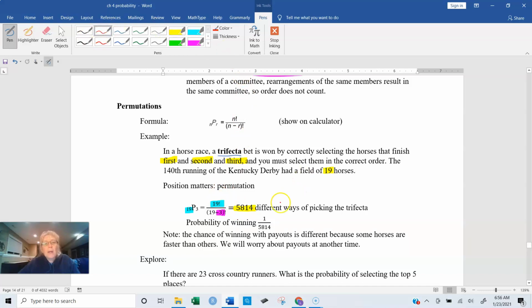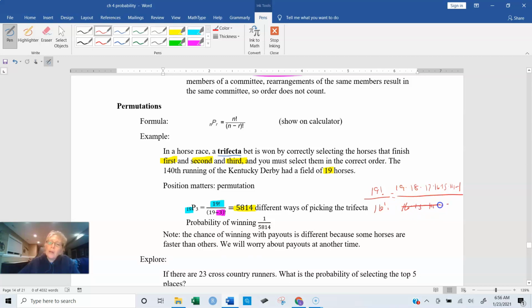Now, what this means, so you have 19 factorial over 16 factorial. So this is 19 times 18 times 17 times 16 times 15 times 14, all the way down to 1. And you're dividing it by 16 times 15 times 14, all the way down to 1.